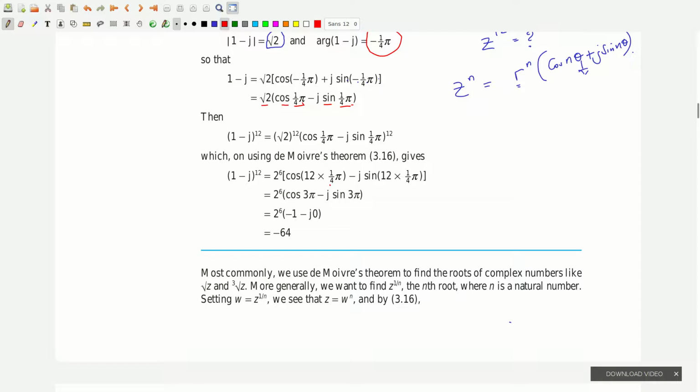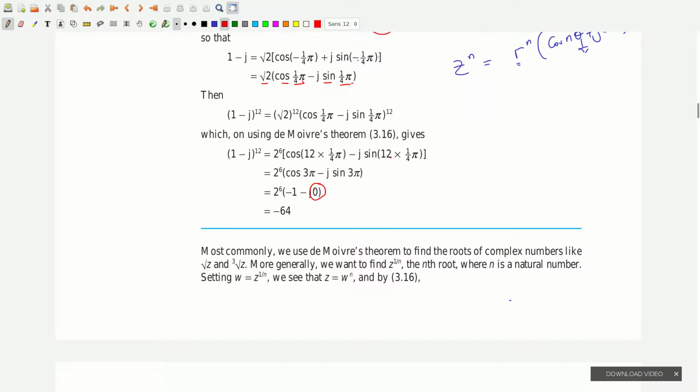This is the next step here: n times theta, where n is 12, times the theta, which was 1/4 pi. The rest is just substitution. Then this becomes cos 3 pi, and this becomes sine 3 pi. We know that sine 3 pi is 0, and that cos 3 pi is -1, and then 2 to the 6 is 64, times the -1, which becomes -64.